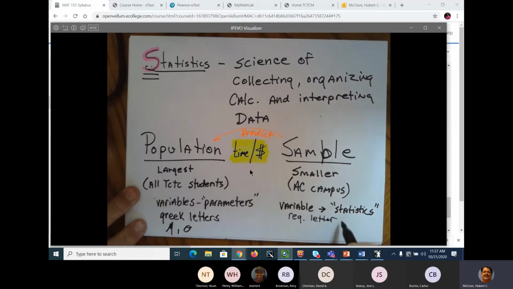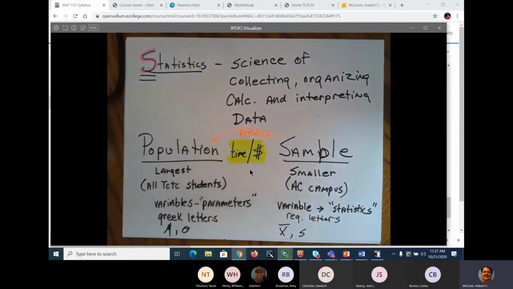For instance, X bar is the mean and S is the standard deviation for the sample. So that's the difference between uppercase statistics and lowercase statistics. And I'm going to do lowercase in orange. That's the lowercase statistic.